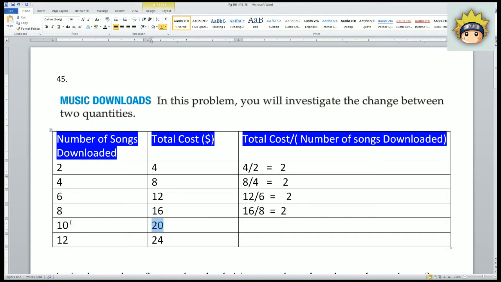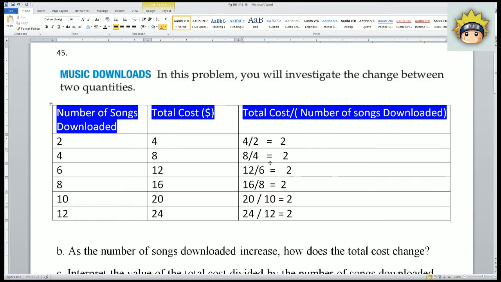Here, 20 divided by 10 is equal to 2. And 24 divided by 12 is equal to 2. Alright? So, do you see how these are all 2's? I already did the work, so I'm just going to take it out.